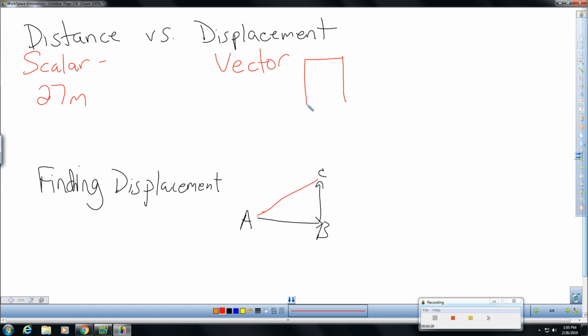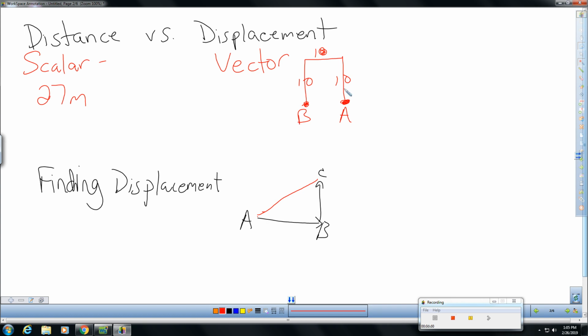And again, every time I have that direction in there. The total distance for this would be 30, but we have to talk about displacement, because displacement is not your total distance. Your displacement is how far you are from your beginning.